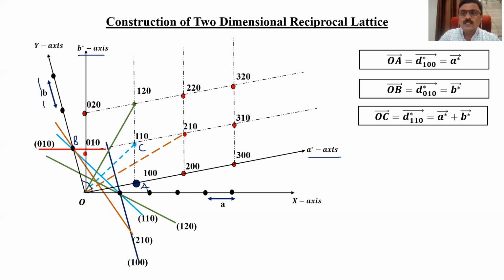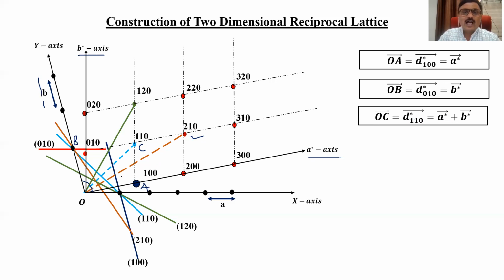Vector OC is equal to d110 star, which equals vector a star plus vector b star, because this will be a star, this will be b star. How can we represent this 2 1 0? It can be represented as d210 star, a vector, equal to 2a star plus 1b star.